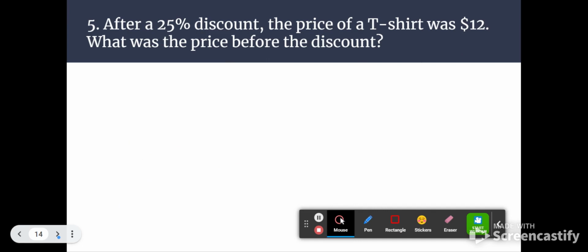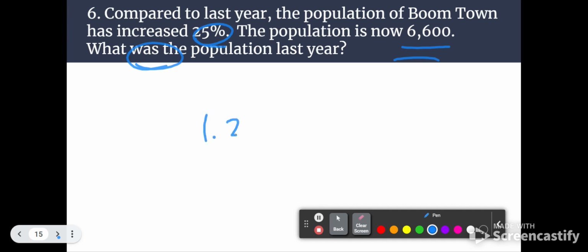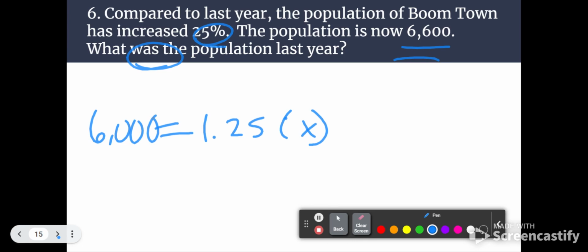Last one. Compared to last year, the population of Boontown has increased 25%. The population is now 6,600. What was the population last year? So if it increased 25%, that would be 1.25 times the original is going to equal your population now.